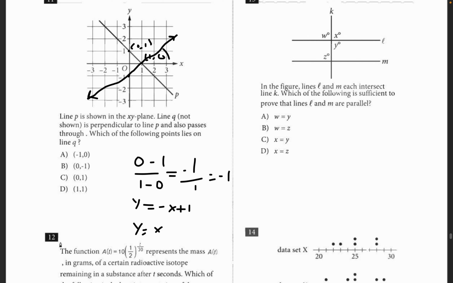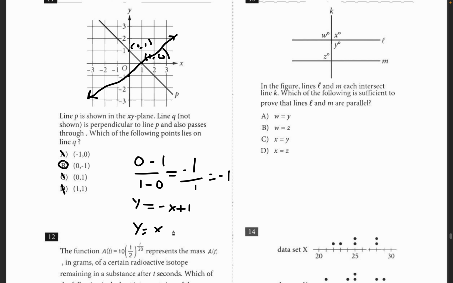That looks right. There's nothing wrong with 0, negative 1. 0, 1, I think that would be too steep. It's not 0, 1 or 1, 1. No, I think this is the best. I know there's another way to do this. It's not negative 1, 0. If it was negative 1, 0, then I would go with that, but the line is too steep.